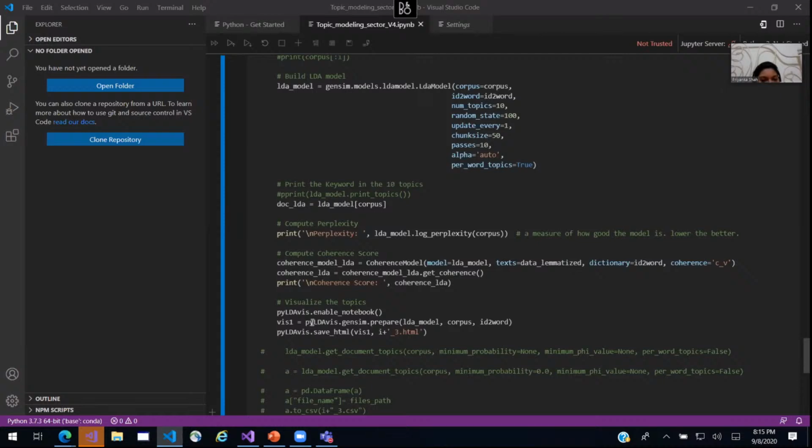This one is by pyLDAvis only, but there are some customizations our team has done to hide a few things. So the way it is presented, there are a few customizations we have done. Apart from that, there's nothing special we are using.